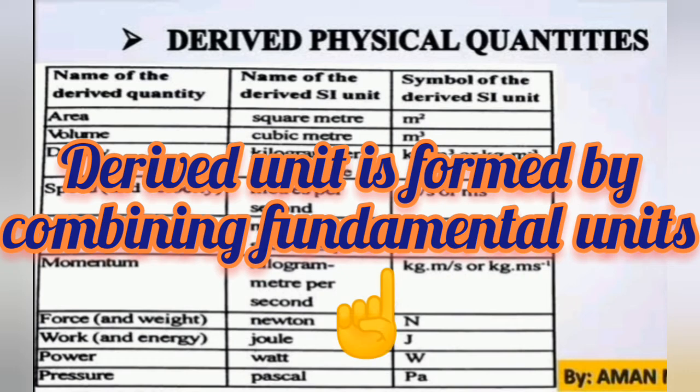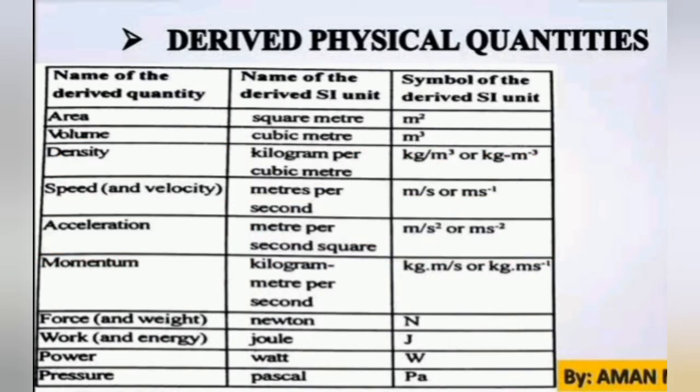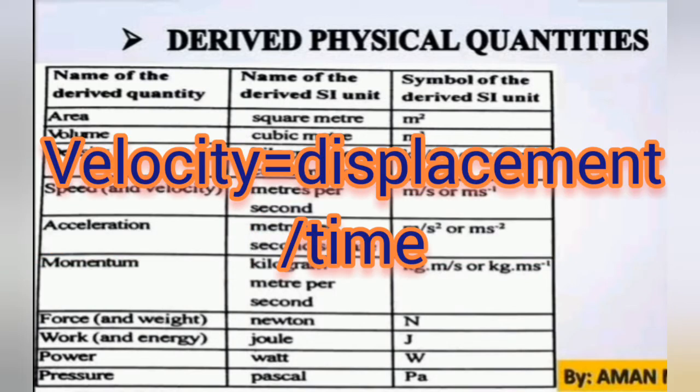As an example, you take a physical quantity, that is velocity. Velocity means moving in a particular direction, to mention the rate of displacement with respect to time. That means velocity is the displacement per unit time in a particular direction. So displacement is measured in terms of length, and time is a fundamental unit.